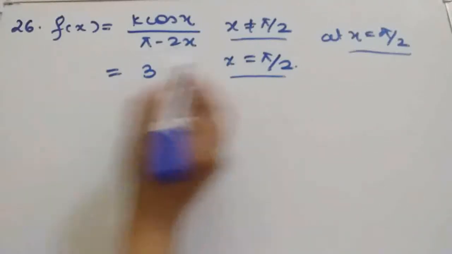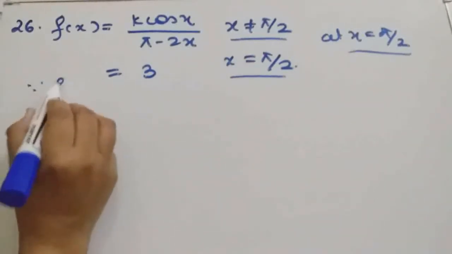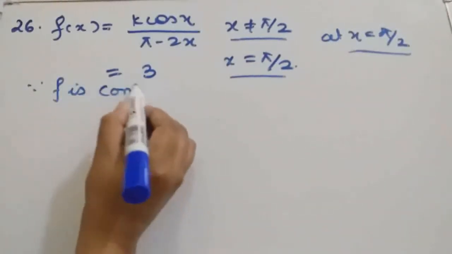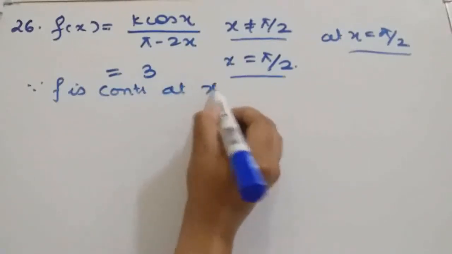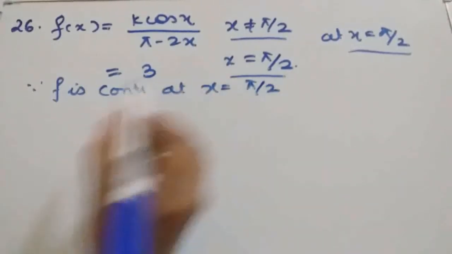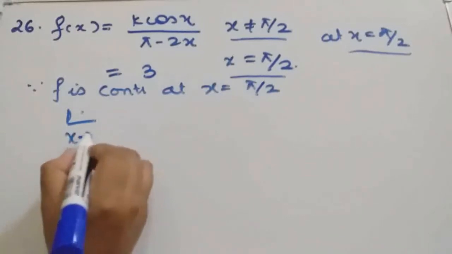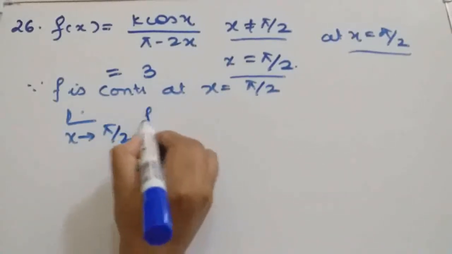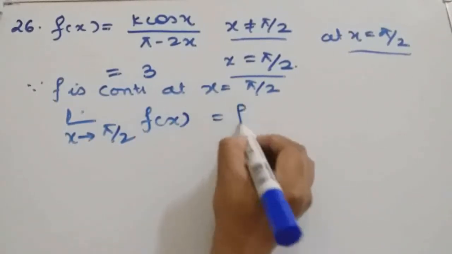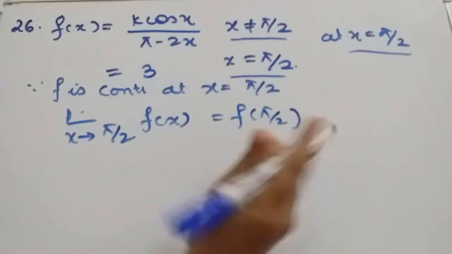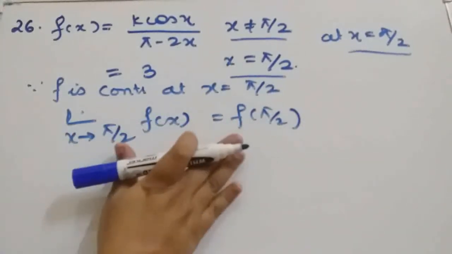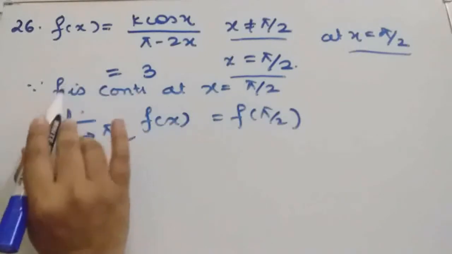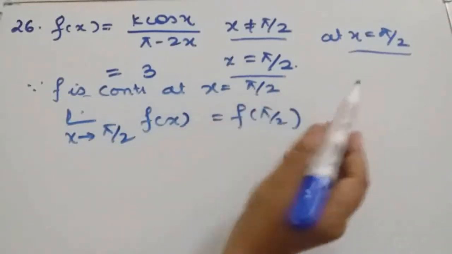Since the function is continuous at x equals pi by 2, we will write limit x tends to pi by 2 f of x is equal to f of pi by 2. That means these two expressions are equal. It is given because f is continuous at this point.